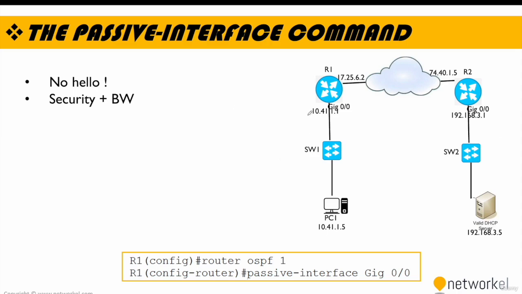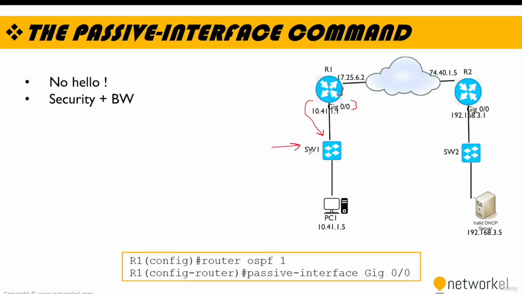If you have a look at the screen, for example, for router 1, I have my gig 0/0 interface, right? This gig 0/0 interface is not connected to a router. It is connected to a switch.